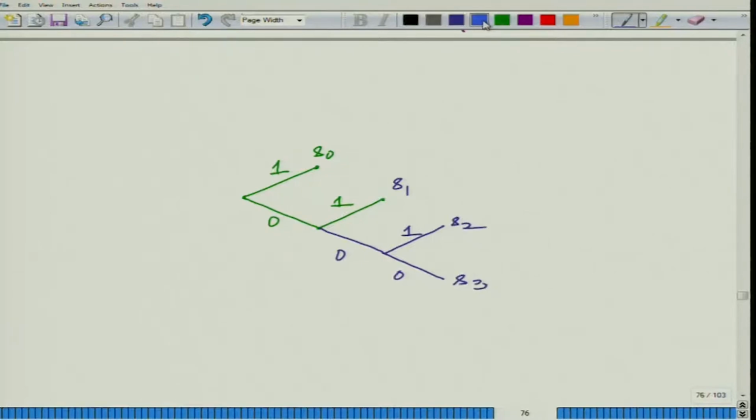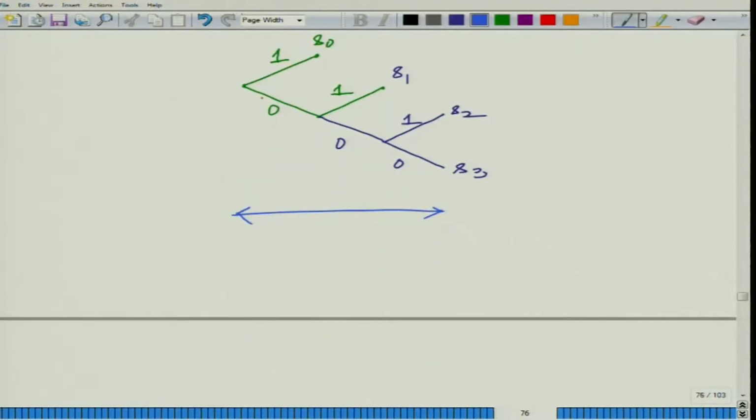Now, if you look at the depth of this binary tree, the depth equals L max equals 3. So, you have 0, 0. The depth of the binary tree is the maximum number of levels.